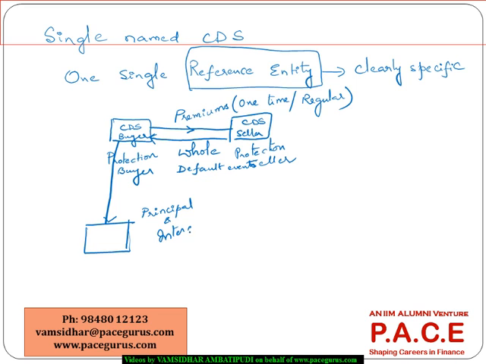It's actually as simple as an insurance contract. This party keeps paying the premiums to this party at regular intervals of time, and when a loss event occurs, this party will compensate this party for the amount of loss. In that way, it resembles an insurance contract, especially a single named CDS is more similar to an insurance contract.